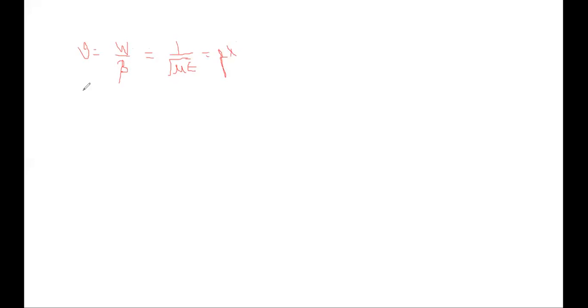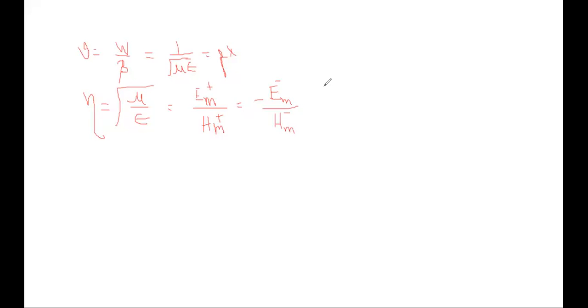And intrinsic impedance eta is equal to the square root of mu by epsilon, and it is also equal to the ratio between the electric and the magnetic field, EM plus by HM plus, or minus EM minus by HM minus.